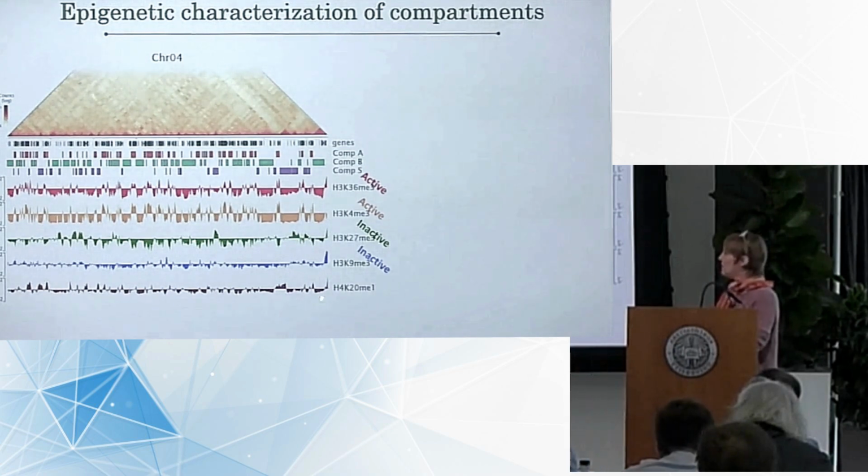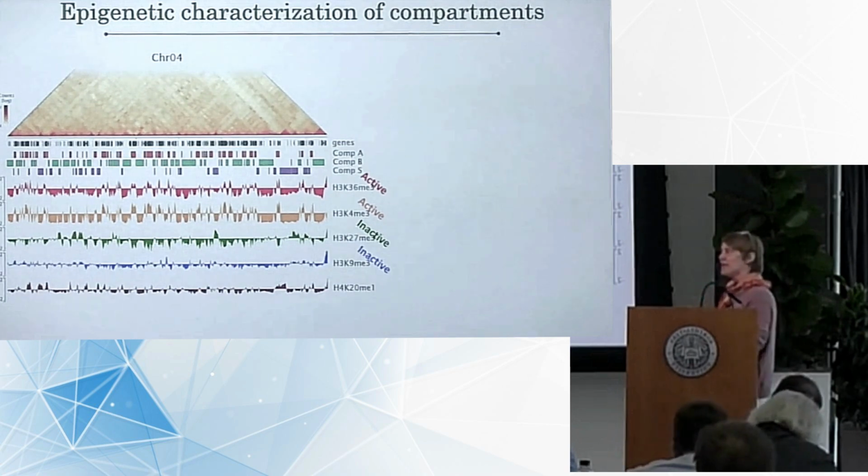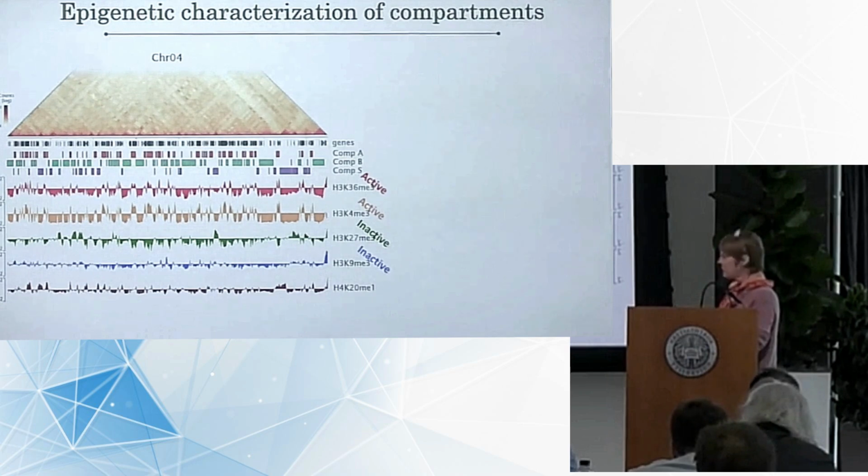Then I also included H4K20me1. This mark has been implicated in many different processes, and we originally included it because it has been shown to be associated with centromeric sequences in some papers.